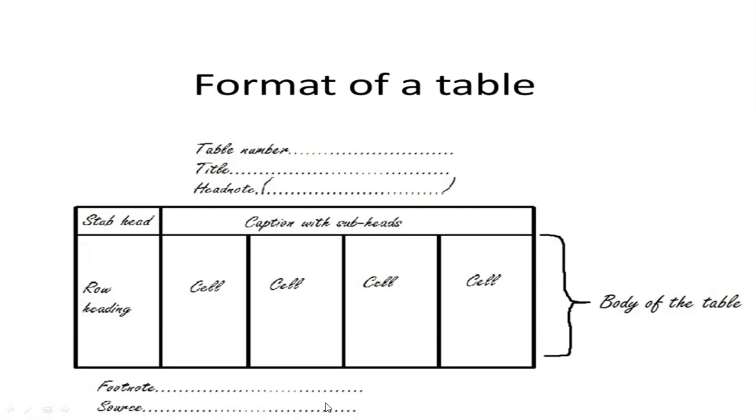Next, we have to discuss some more things about the table, such as the requirements of a good table. We will discuss that in the next video. Whenever you are making a table or collecting data, make the table in this way. It is quite easy and understandable for all.